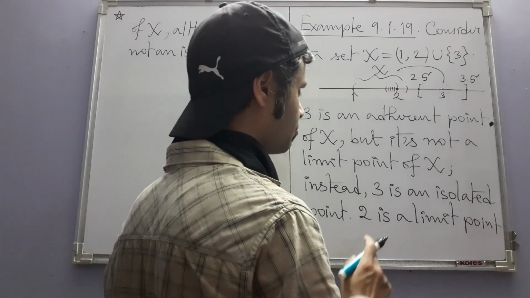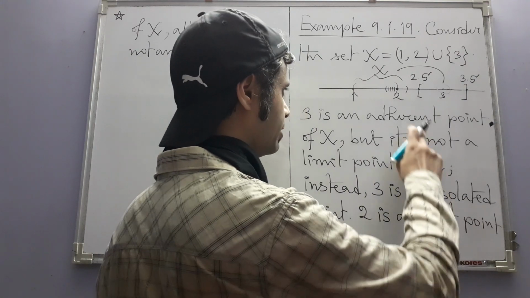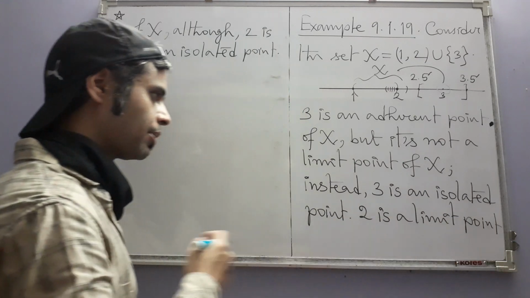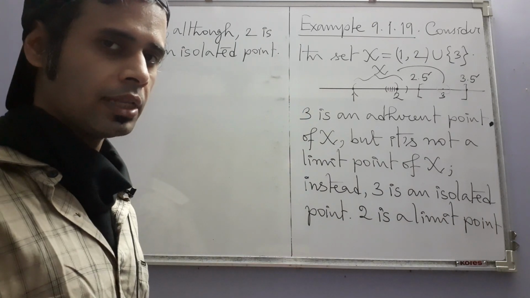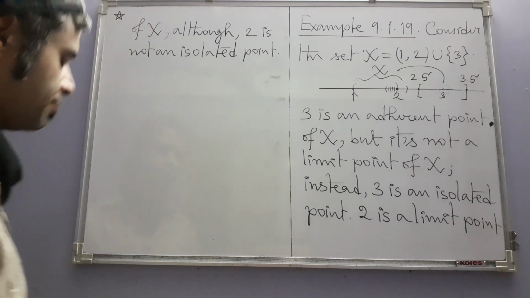And clearly from the definition, it follows almost immediately that limit points and isolated points are totally different things. They cannot occur simultaneously.